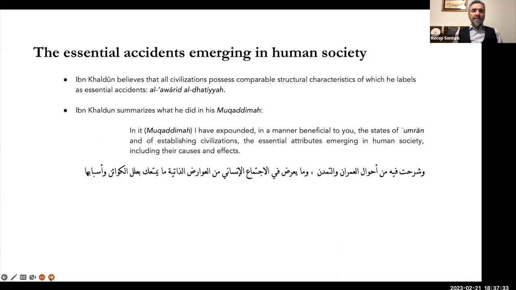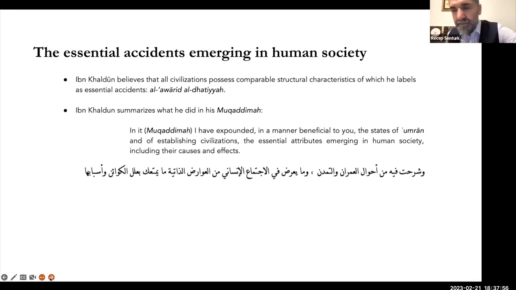Ibn Khaldun summarizes what he did in his Muqaddimah. In it, he means in al-Muqaddimah, I have expounded in a manner beneficial to you the states of Umran and of establishing civilizations, the essential attributes emerging in human society, including their causes and effects.